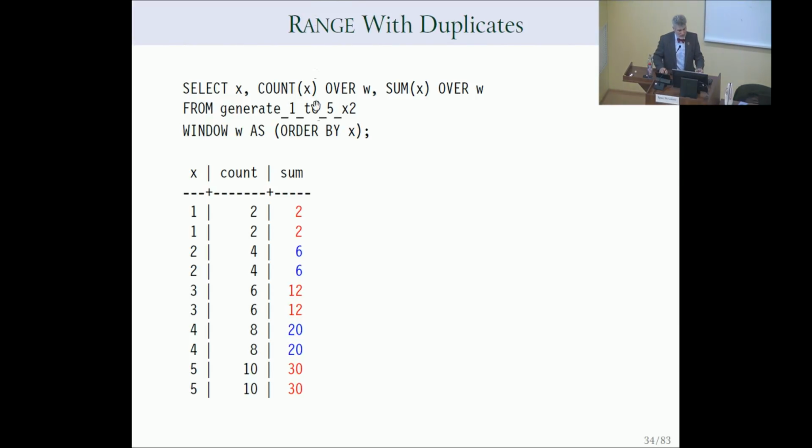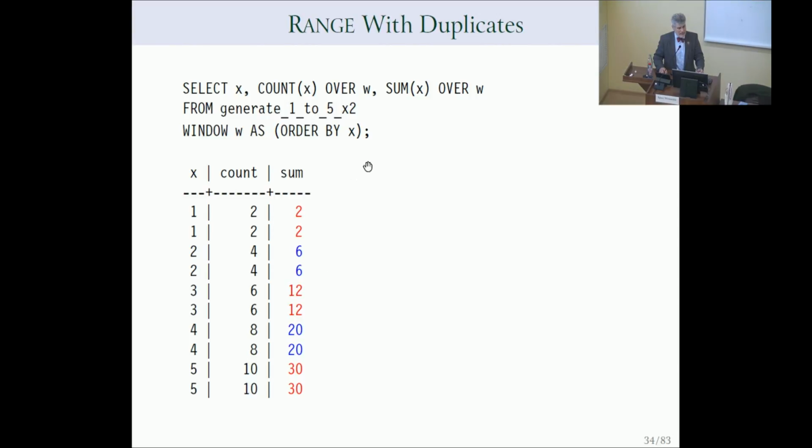Therefore, the first row sees 2 rows. It sees this row, and that's because they both have the same order by value. Okay? This row sees 4 rows because it has the same order by value. This one sees 6 rows, 8 rows, and 10 rows.